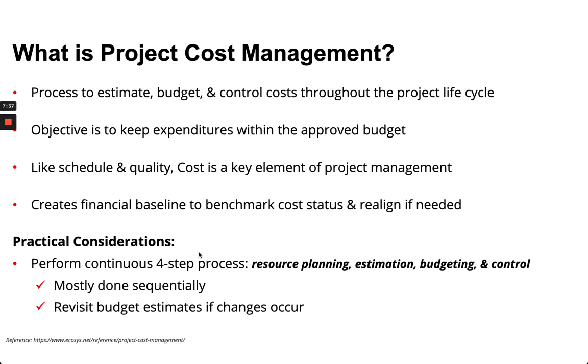Every activity in your project plan, in your task, has with it an associated cost. So practical considerations, I'll share with you shortly. Perform what's called the continuous 4-step process: planning, estimating, budgeting, and controlling. And revisit periodically the budget if changes occur.